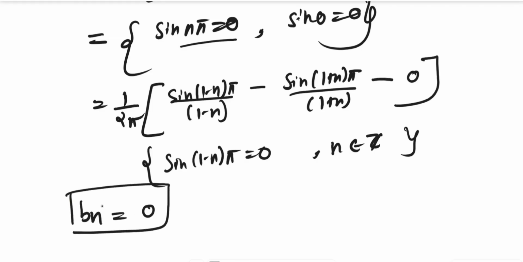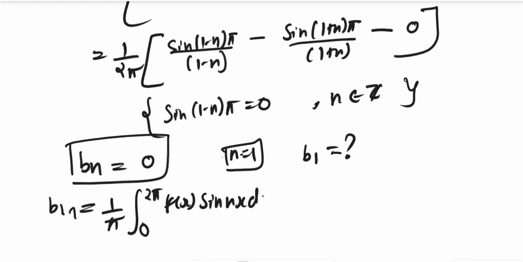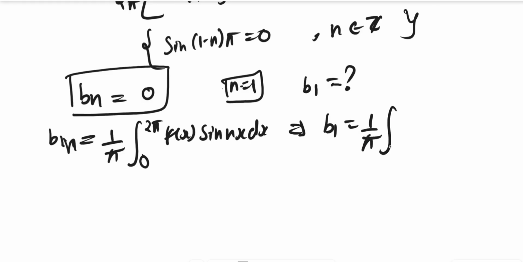Now there is one thing we need to find: if the function value is at n equal to 1, what will b1 be, because we will use that in the series expansion. Now find b1. Since bn came out as 0, it is not defined for n equal to 1. Now we need to find it for n equal to 1. Now bn is given by 1 upon pi, integration 0 to 2 pi, f of x sin nx dx. So how will b1 be? b1 is equal to 1 upon pi, integration 0 to 2 pi, f of x, in place of n write 1, so it is sin x dx.